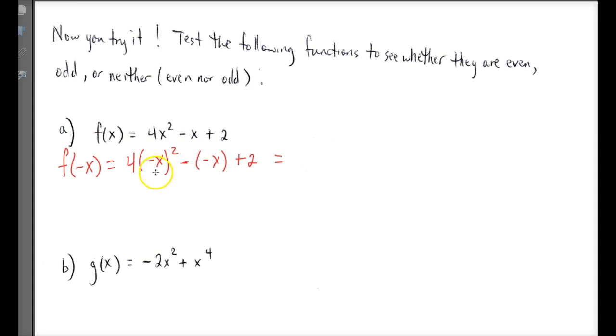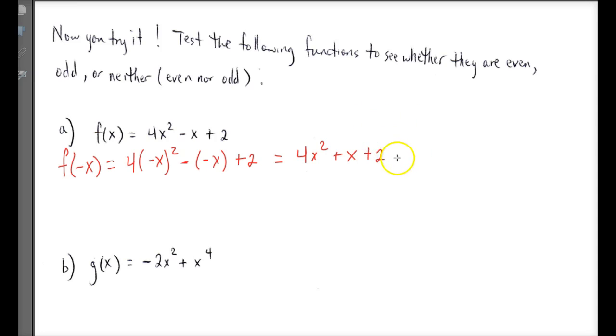Here we know that a negative x quantity squared is just a negative x times a negative x, which is a positive x squared. Multiplied with the 4, that gives us a positive 4x squared. We know that subtracting a negative number is the same thing as addition, so that would be plus, and then we have plus 2.